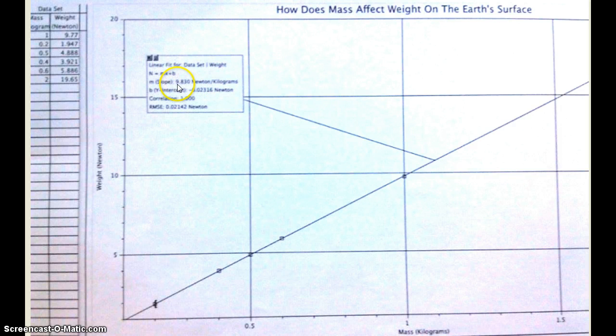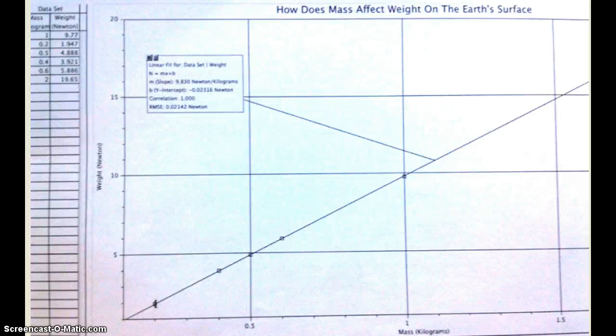And doesn't this 9.8 look familiar? Like we said in class, that is actually pretty much the same number as our gravitational constant.